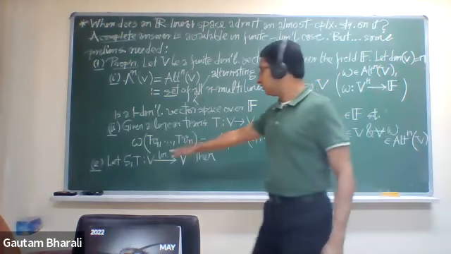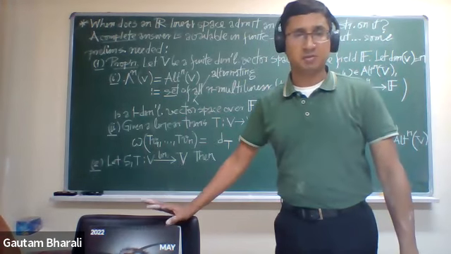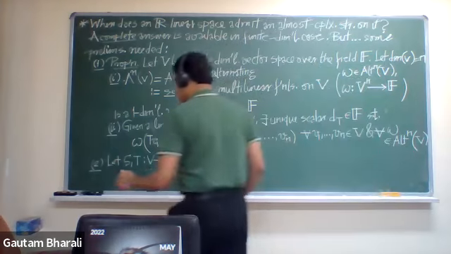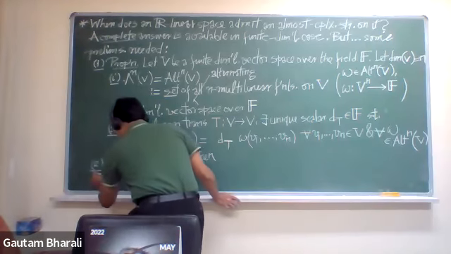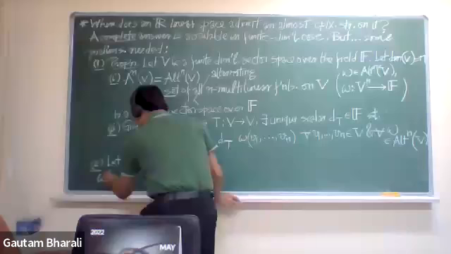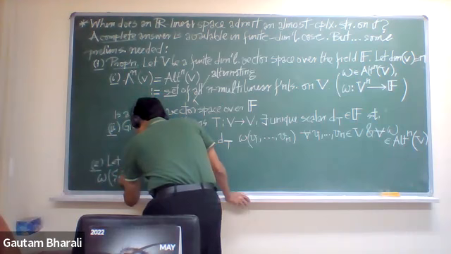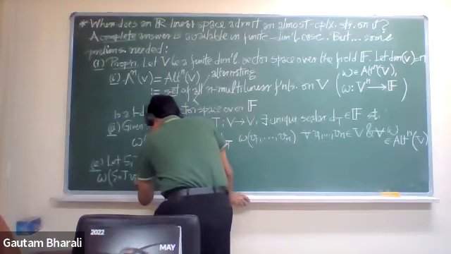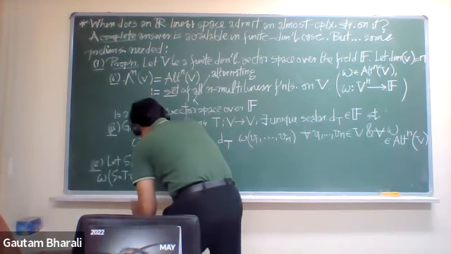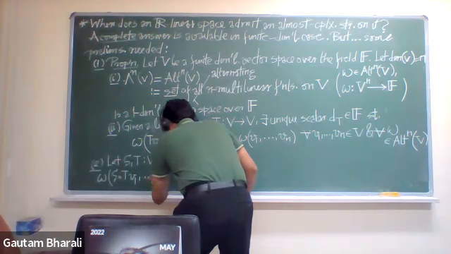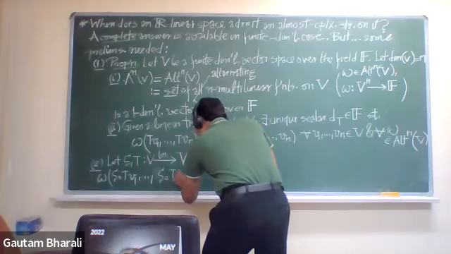Given that S and T are linear transformations from V to itself, we can talk about their composition. This makes total sense. So I look at omega of S composed with T acting on v1, dot, dot, dot, S composed with T acting on v sub n.